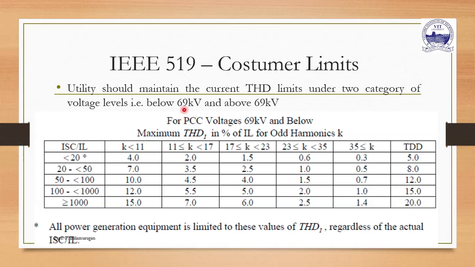For PCC voltages of 69 kV and below, where most customers fall, for different harmonic levels and different ratios of the short circuit current to the maximum load demand, the THD values and the TDD values are listed in this table.